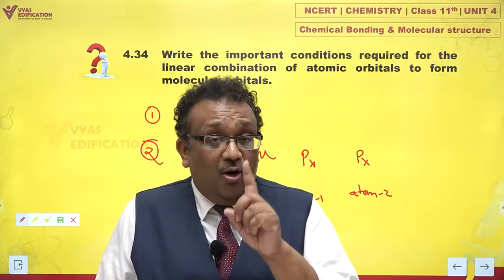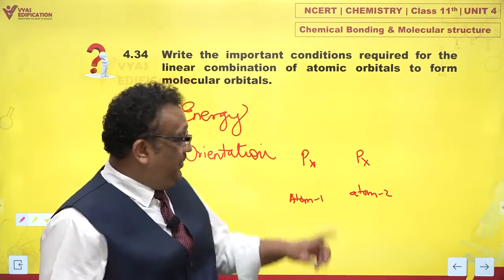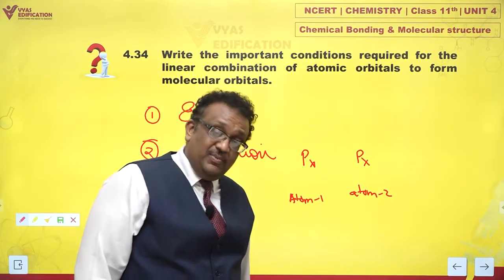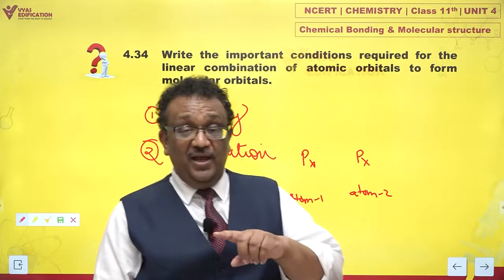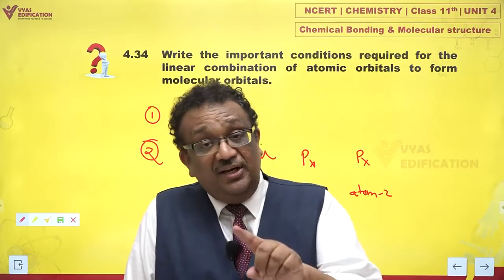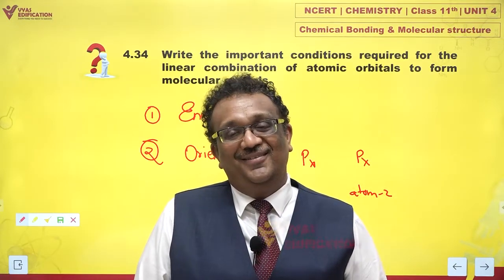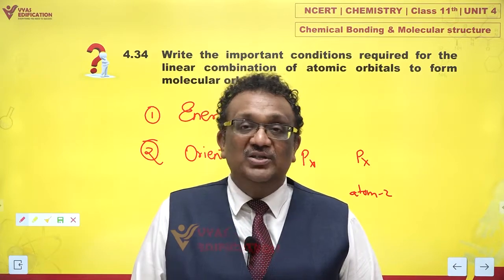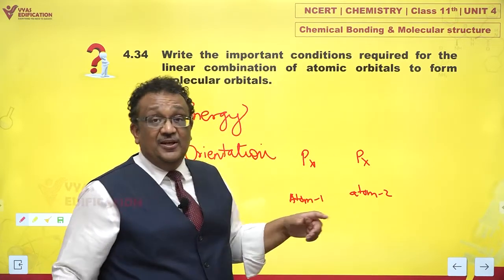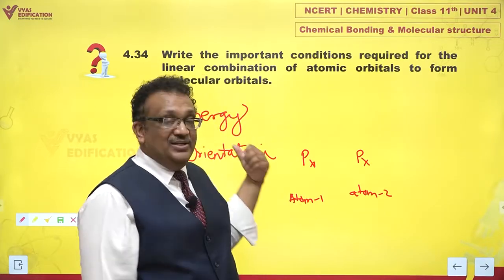But to get a molecular orbital, px will interact only with px, not with py or pz. Similarly, py will form an MO only with py, and pz only with pz. So orientation of the orbital is very important. Only orbitals having similar orientations will combine to form an MO even though they may have same energy.